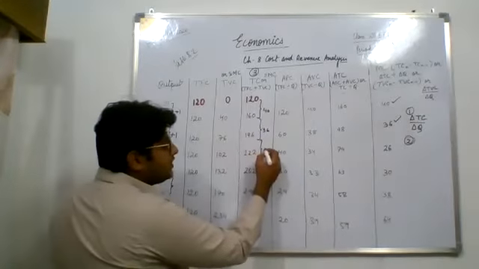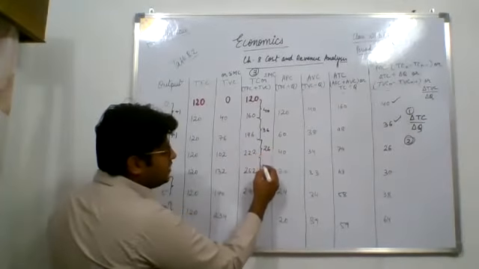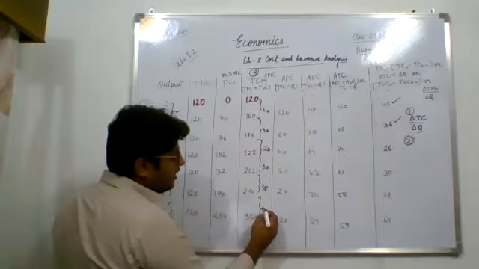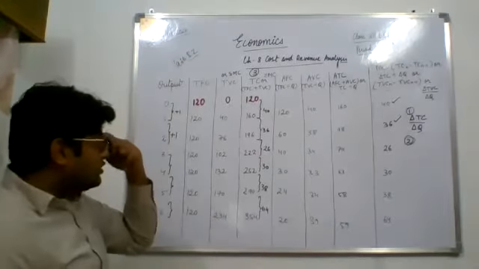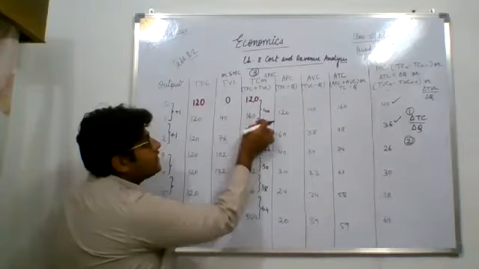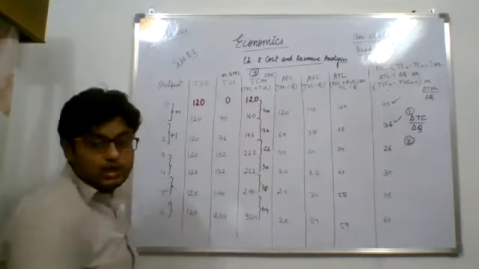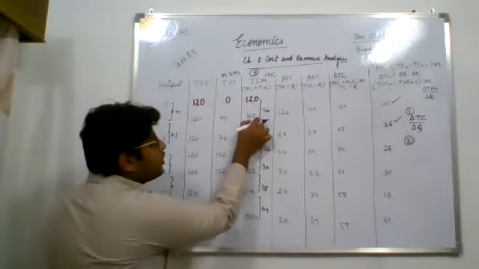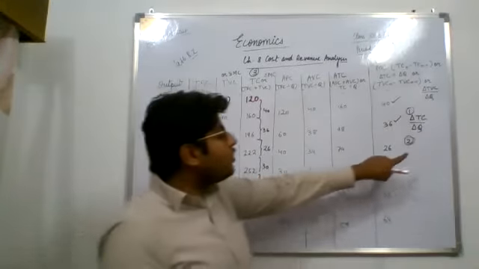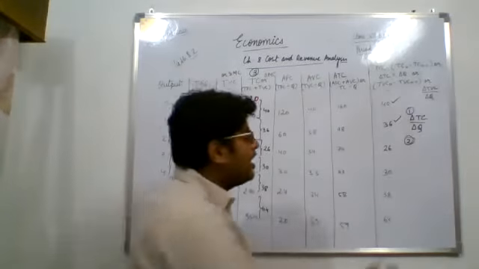The difference here is 26, then here it is 30, then here 38, then here 64. So the other way is to subtract the preceding total cost from the total cost. When we subtract the upper total cost from the lower total cost, then also we can calculate our marginal cost.